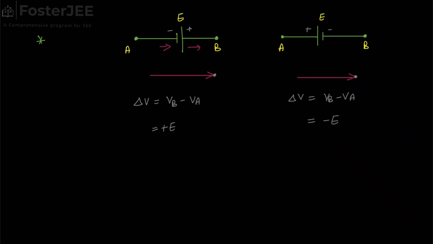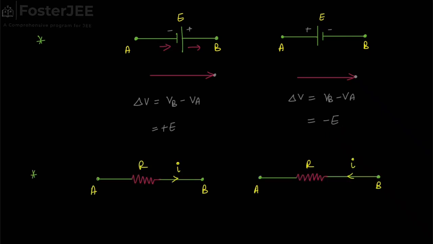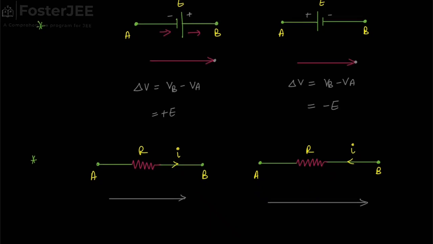Simple. One more case. Suppose we have two cases of resistors in which, in the first part, current is flowing from A to B, and in the second part, current is flowing from B to A. Now if we move along this path, that is from A to B, in that case what will we report? We will report the potential difference. The potential difference delta V is VB minus VA.